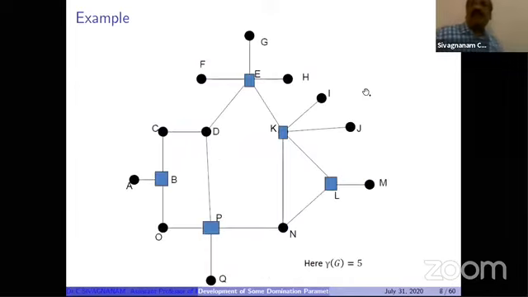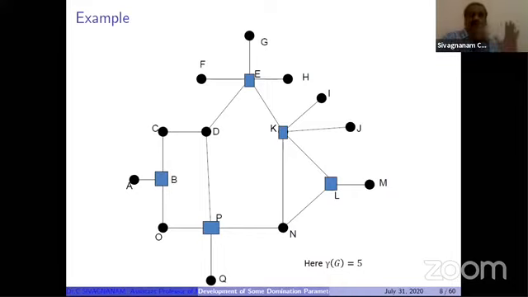In this example, you can see one big graph containing 17 vertices, A to Q. The blue colored vertices I am taking in S, and the black colored vertices I am taking in V minus S. Every vertex in V minus S has a neighbor in S, which we can easily identify.